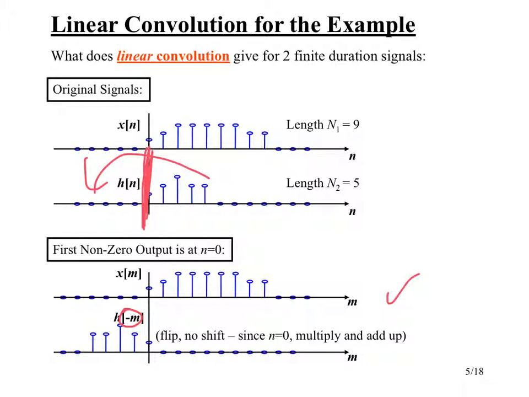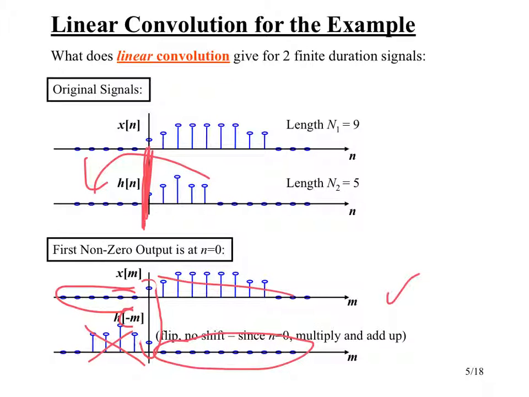So I just flip, and then no shift, and multiply, add up all the products, and that gives me my output at n equal to 0. So here I see that I only get these two interacting. All of these zeros nuke those, and all these zeros nuke those. And so that's what I get.